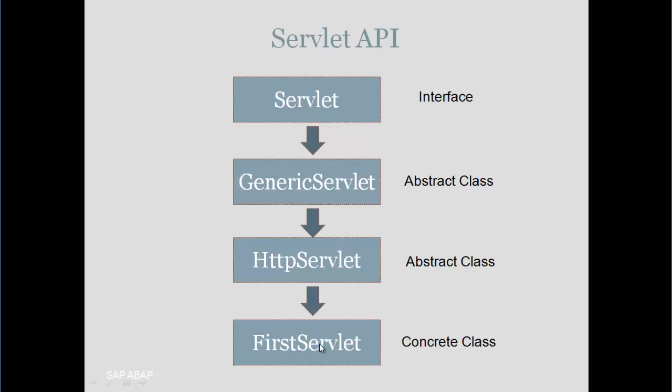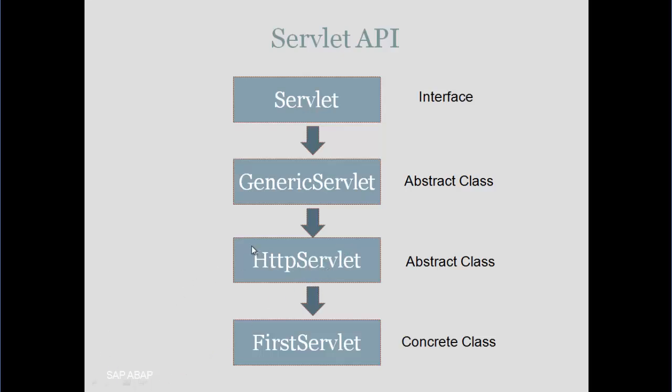And when we created our servlet in the previous example, we actually created first servlet. So this first servlet has to implement the Servlet interface. So we can either implement the Servlet interface, we can extend this GenericServlet class, or we can simply extend this HttpServlet class. HttpServlet class provides implementation to most of the HTTP specific methods.